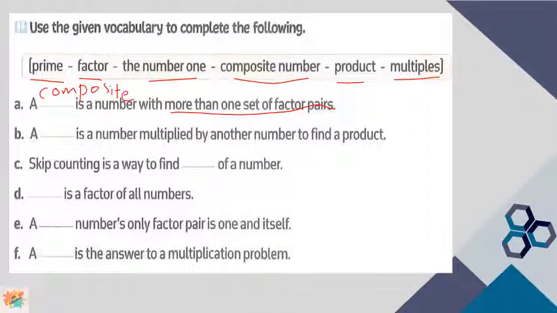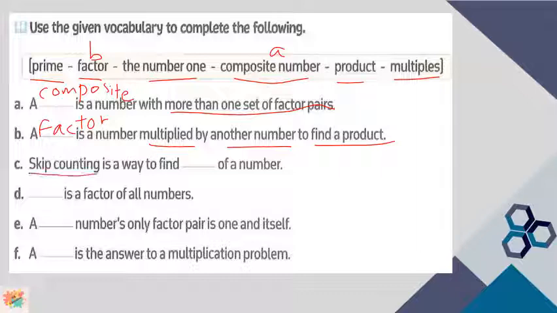The next, letter B. A is a number multiplied by another number to find a product. في number هنعمل له by another number to find a product. To find a product يطلع منه الانسر, so it's a factor. Factor هو number that is multiplied by another number to find a product.